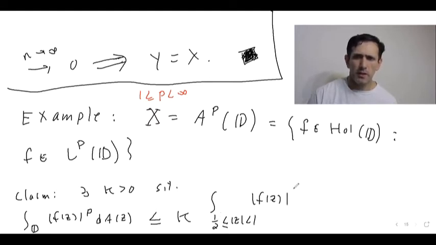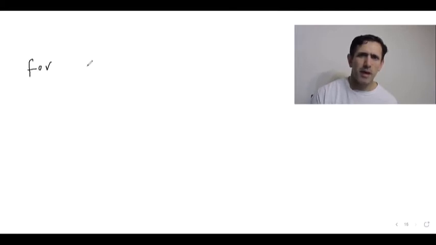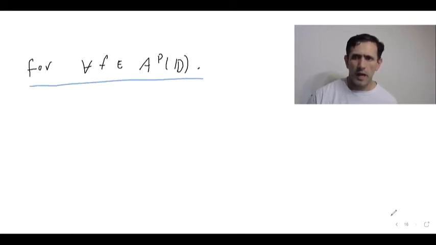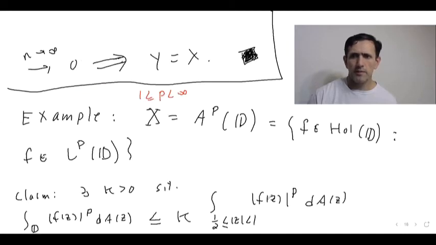And the key here that makes this maybe a little surprising is that this K works independent of my f. Obviously for any individual f, you can always prove this.